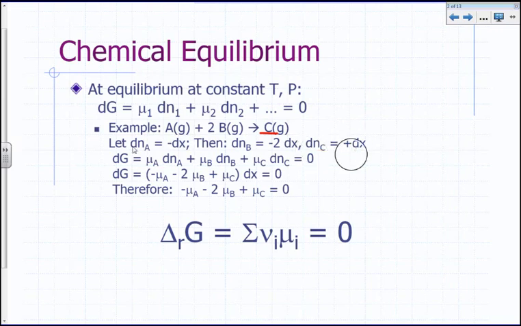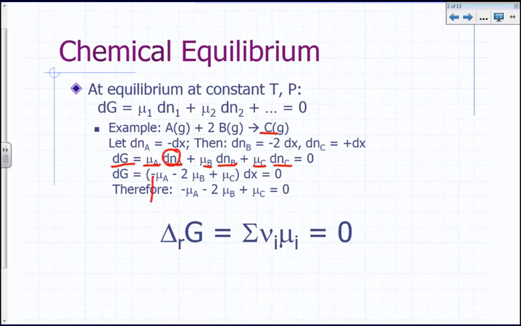So we can rewrite our expression for dG as mu sub A, the chemical potential of A, times the change in moles of A, plus mu sub B times the change in moles of B, plus the chemical potential of C times the change in moles of C. That's equal to 0 at equilibrium. We can replace dN of A by negative dx.